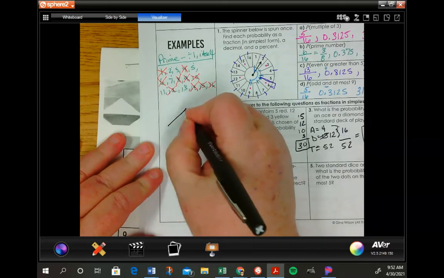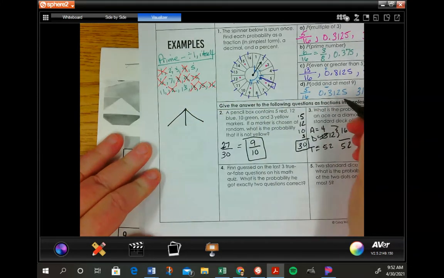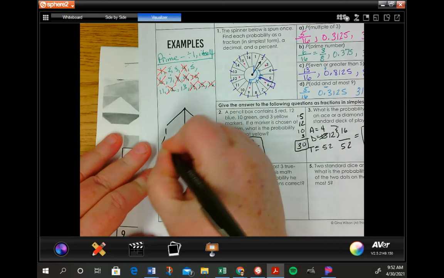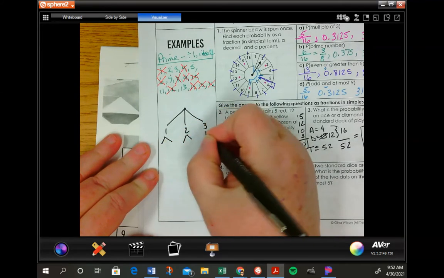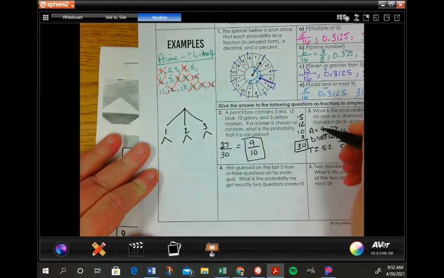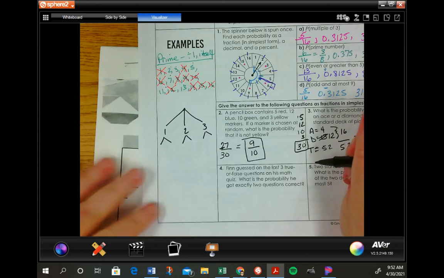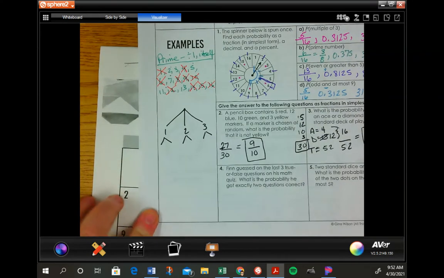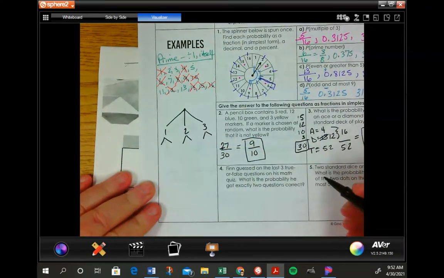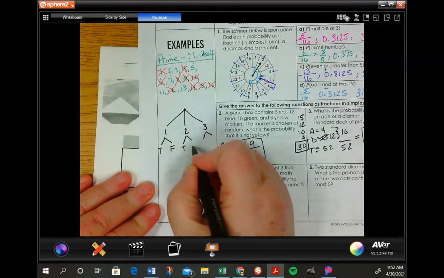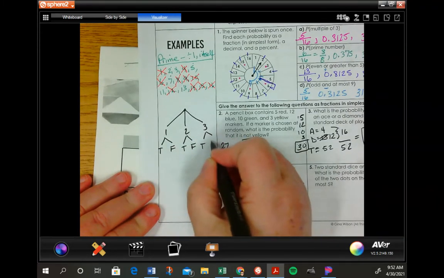He did the last 3 true-false questions. I do 1, 2, 3. What's the probability he got exactly 2 questions correct?